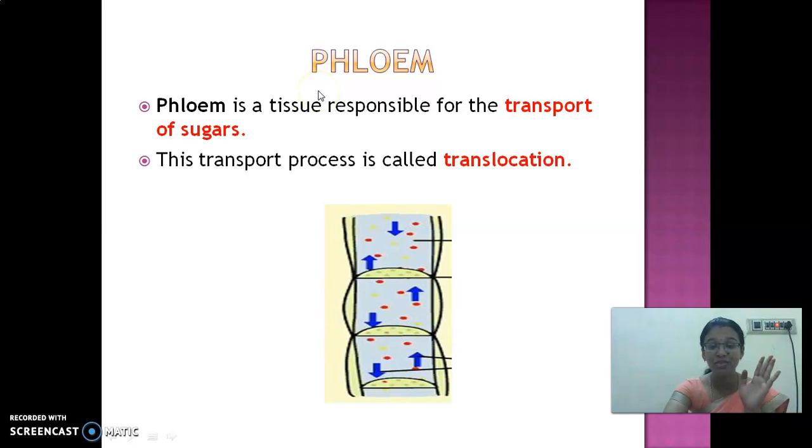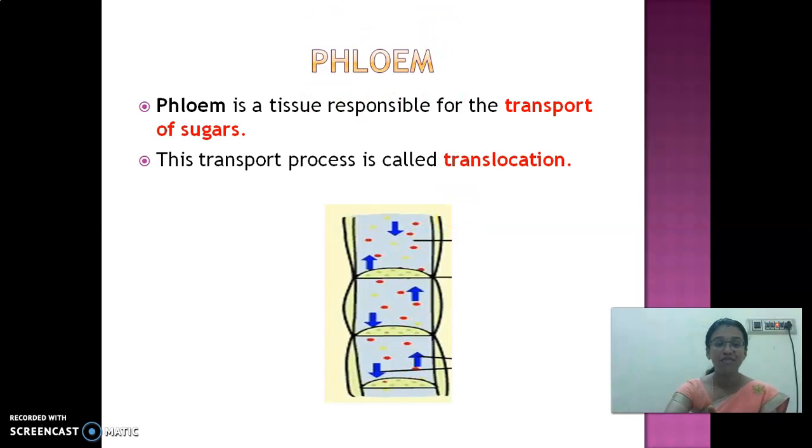Xylem helps in transport of water and nutrients, and phloem helps in transport of sugar. Instead of sugar we can write food. So this transport process by the phloem is called translocation.